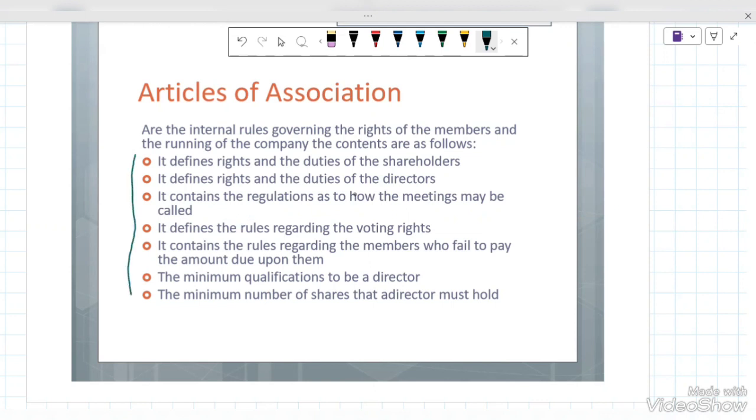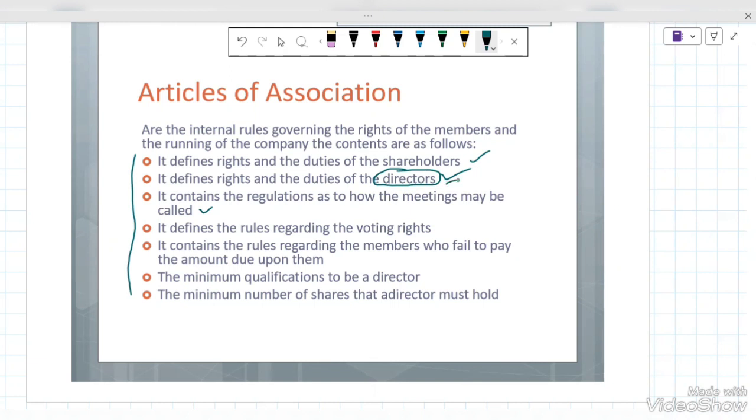Okay. So it basically defines the rights and duties of the shareholders and the rights and duties of the directors. And it contains the regulations as to how meetings may be called, like the annual general meeting, which is very necessary because it is, you can say, the decision or maybe the fate of our company, because the decision to select the directors is very crucial.